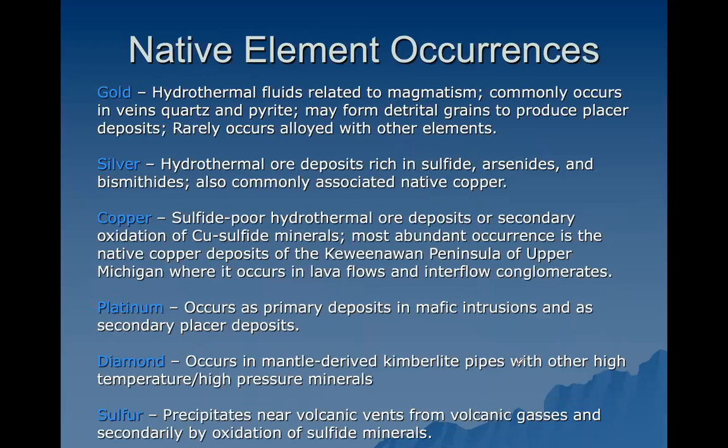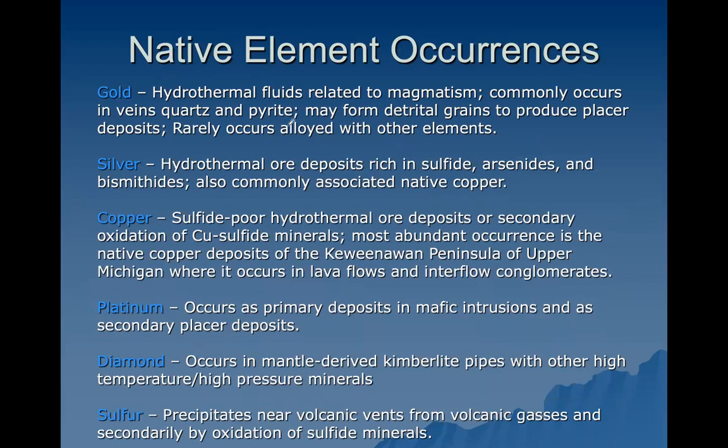So where do these native elements occur? As we considered before, normal compounds like hydroxides, oxides, and other ones are associated with magmas definitely, right? But native element occurrences are also associated with magmatism as well as hydrothermal fluids.